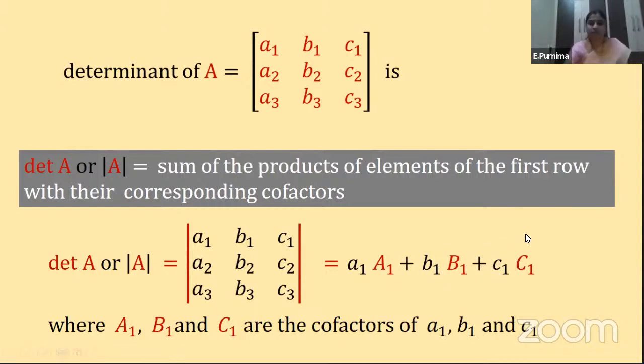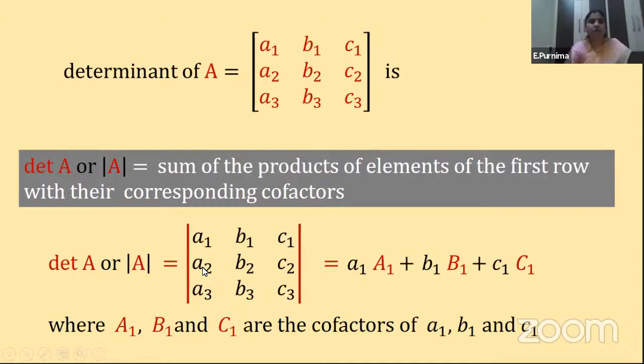Is it clear? This formula a1 A1 plus b1 B1 plus c1 C1 is the determinant expanded along the first row. Understood? If it is expanded along the second row, it will be a2 A2 plus b2 B2 plus c2 C2. That I will explain in the coming sessions, after a few slides, children.